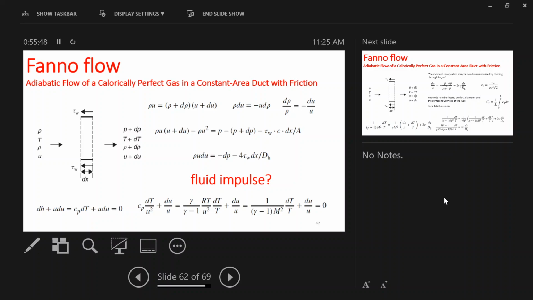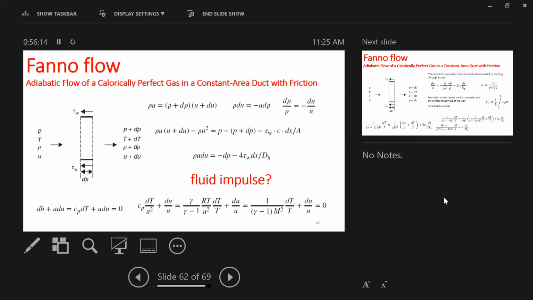But we want to find the equations that govern this type of flow, right? To do so, instead of dealing with the inlet and outlet, we are going to talk about one small element of the duct. Who can tell me what's the reasoning behind this? Why are we dealing with only one small element of the duct versus the other type of flow where we only dealt with the whole duct?